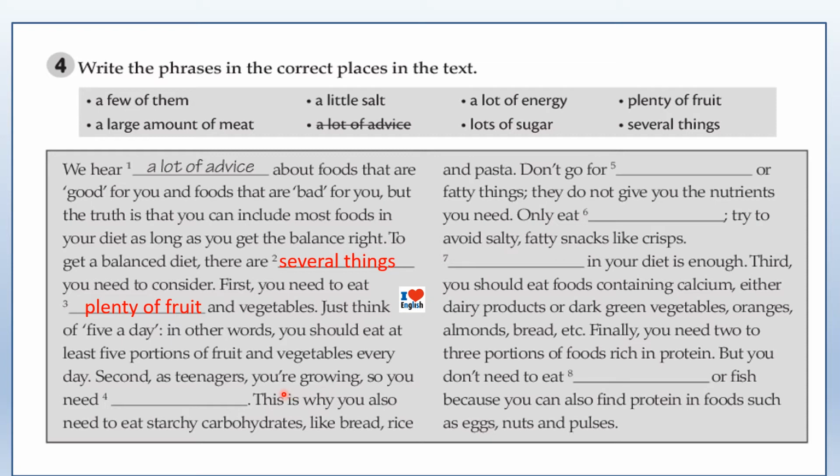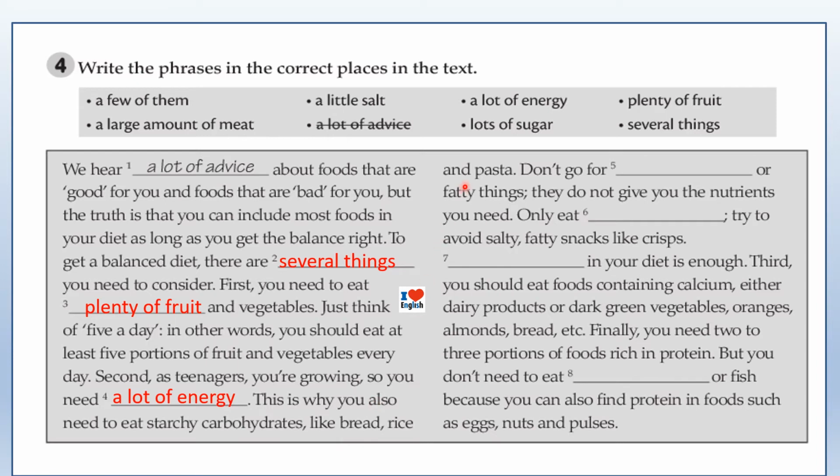Think, what do you need for your bodies to grow? If you think about a lot of energy, you are right. This is why you also need to eat starchy carbohydrates. So to get a lot of energy, you need to eat starchy carbohydrates.